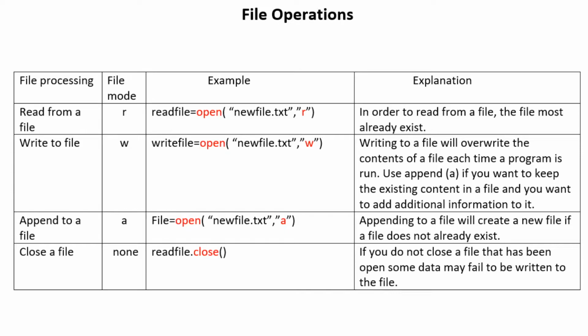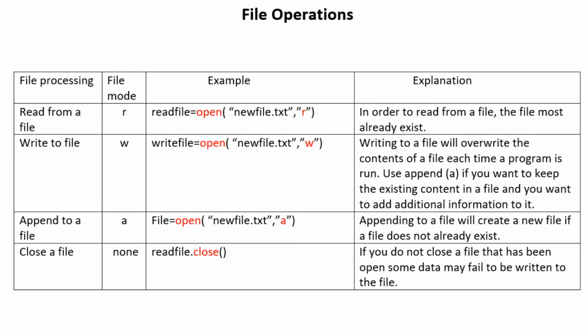There are three modes of Python file operations that we will be looking at. So if we want to do some file processing, we may want to read from a file. In order to read from a file, we will have to create ourselves a variable name to store the contents of a file.